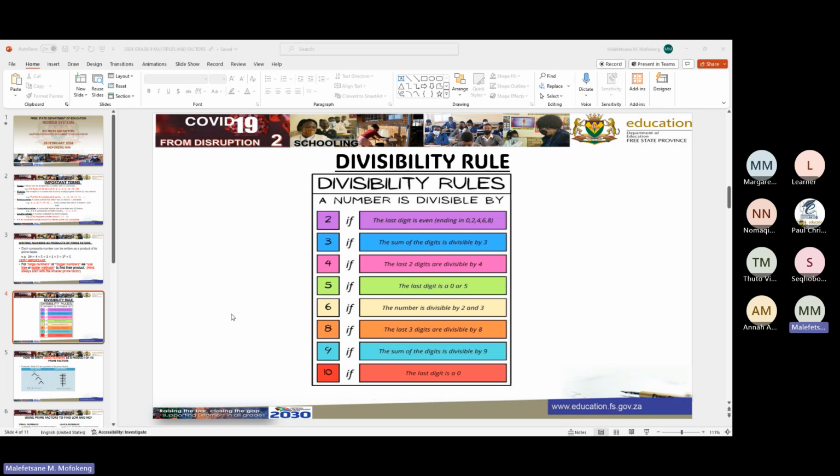If it is 0 or 5, it means that number is divisible by 5. 6: a number is divisible by 6 if the number is divisible by 2 and 3. If that number is divisible by 2 and 3, that means 6 can also go into that number without leaving a remainder.